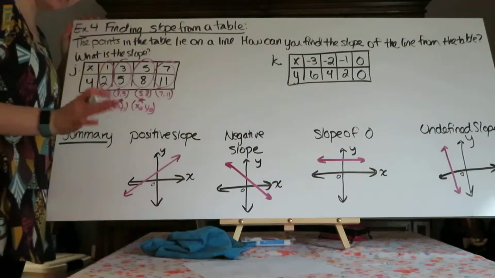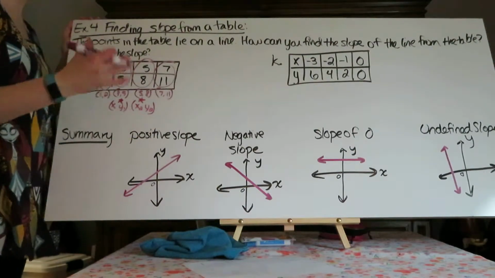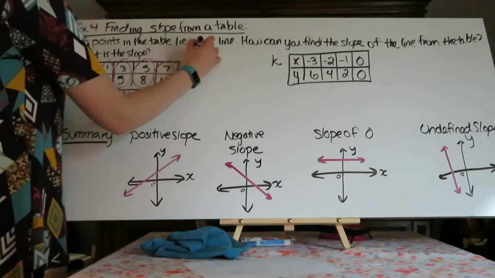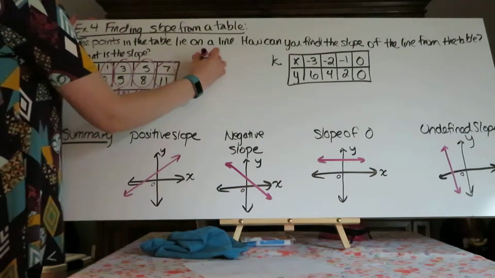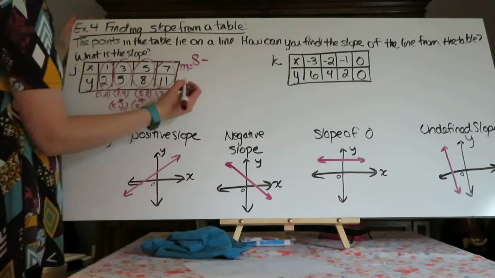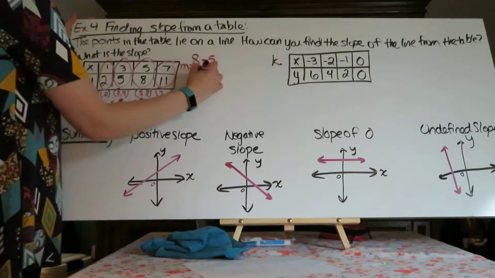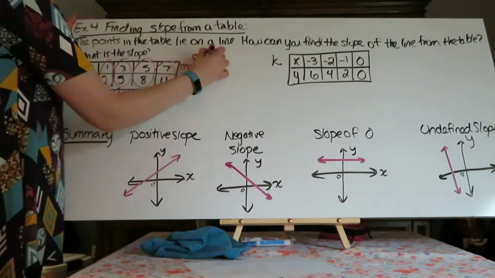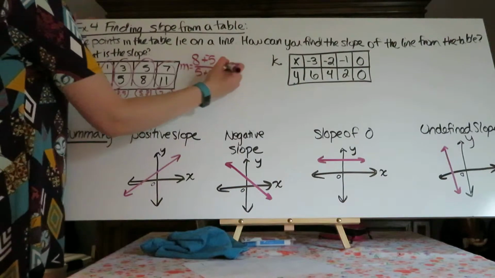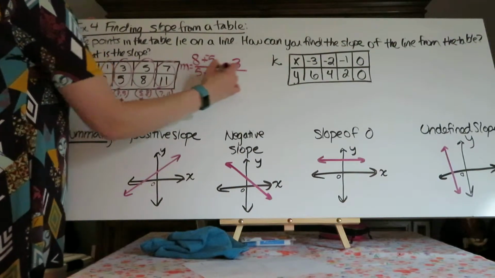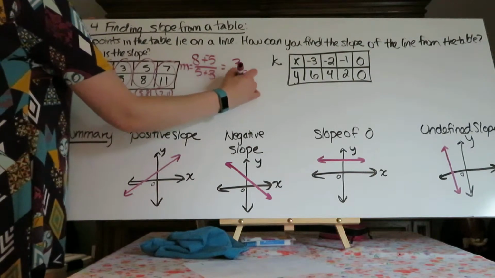You guys are more than welcome to go ahead and try another ordered pair. You're going to have the same exact answer no matter what. If you don't, something went wrong. So the slope equals 8 minus 5 divided by 5 minus 3. I'm going to add the opposite for all of these. 8 plus negative 5 is 3 divided by 5 plus negative 3, which is 2.